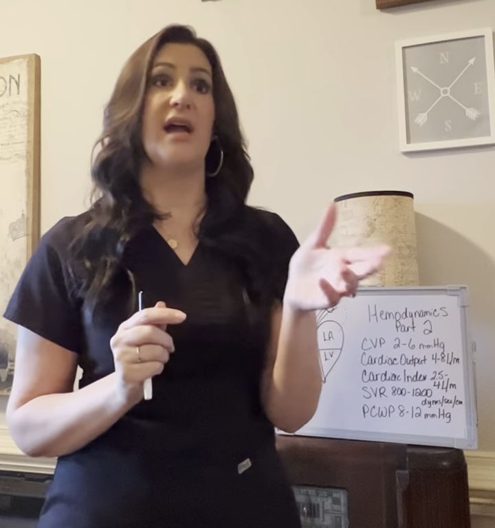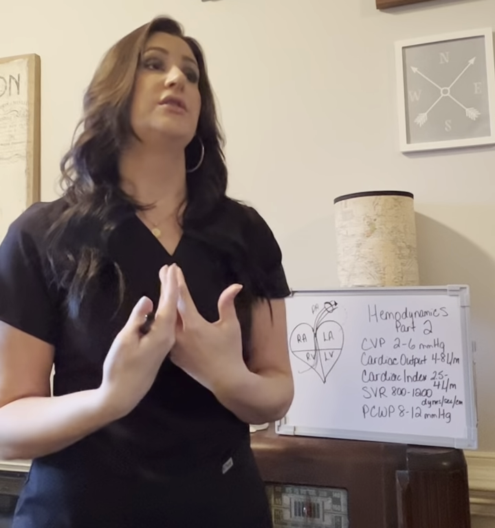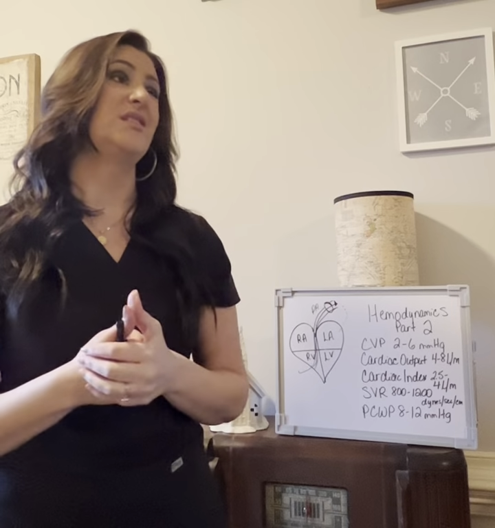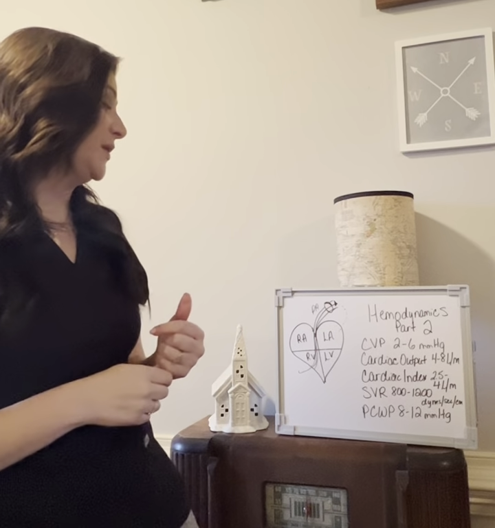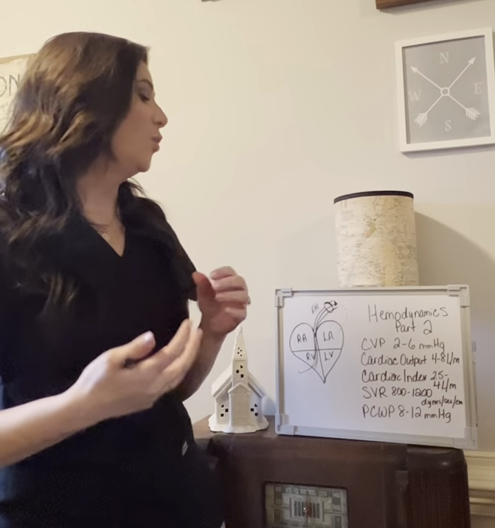All right, we don't have to have a pulmonary artery catheter to get CVP readings. So this is really good that we can do this, because CVP gives us some really valuable information about our patient's fluid status. So what affects CVP?